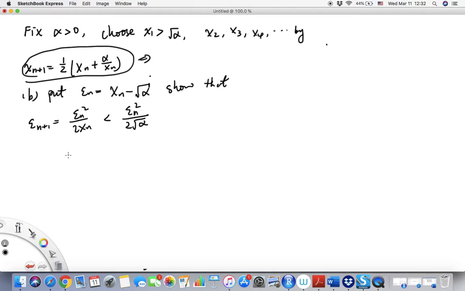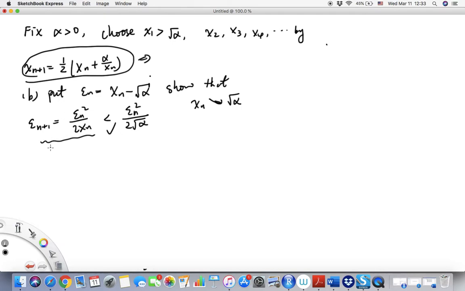Okay, so really we only have to show this part, because part A, we know that xn decreases to square root of alpha, right? So 2xn is bigger than 2 square root of alpha, so this is automatic, follows from part A. Okay, so how do we show this inequality right here?